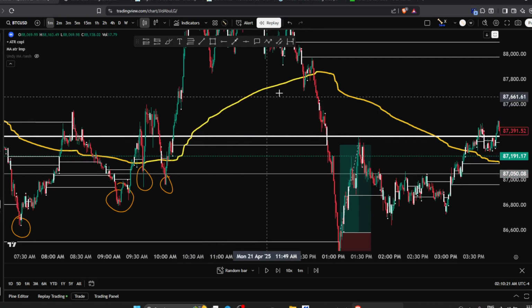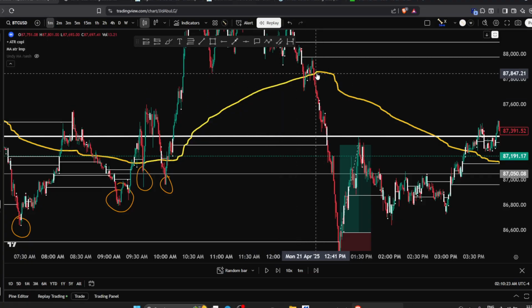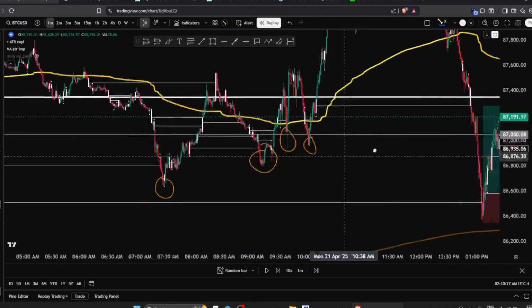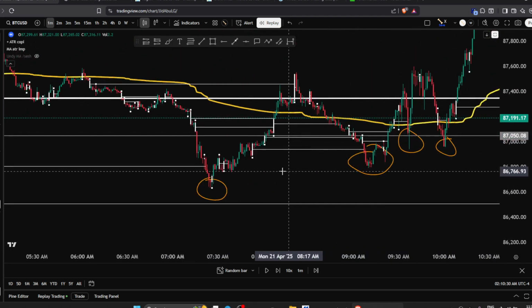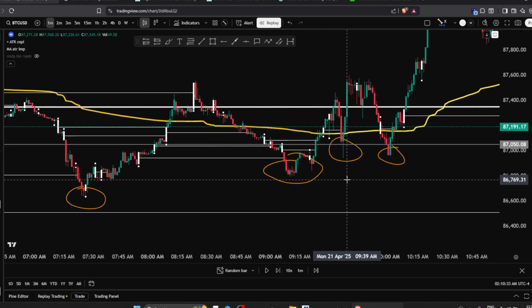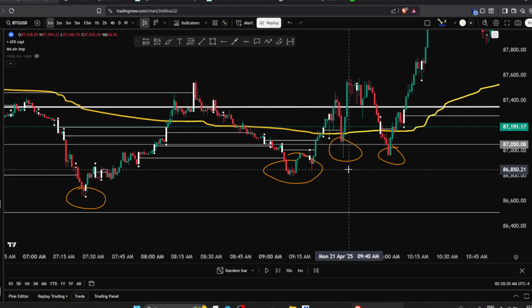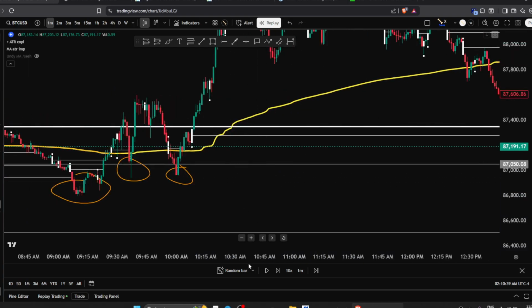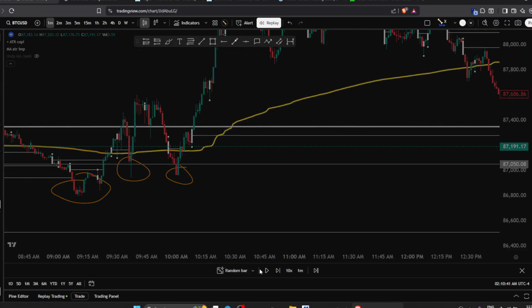So yeah, once again, you're waiting for price to go underneath this moving average, that yellow line. Yep, here we'll do one more example.